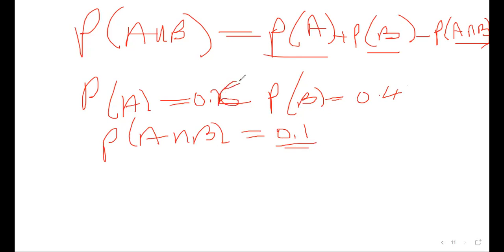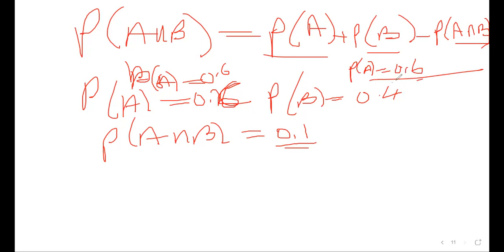I can even say the probability of A is 0.6, it doesn't matter. What is important is the concept. We have the probability of A, which is equal to 0.6. Then the probability of B is 0.4. The intersection set is 0.1.